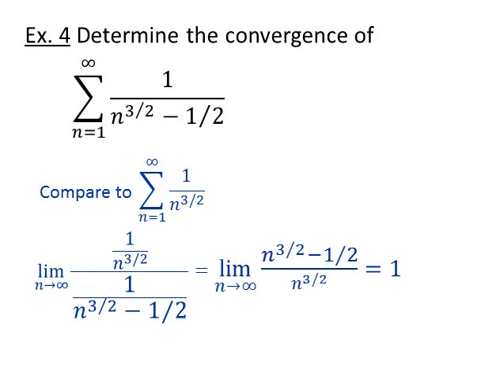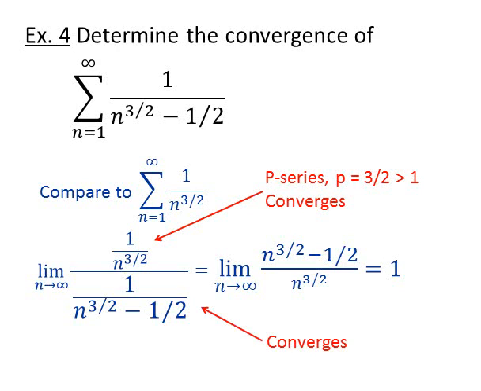This limit goes to 1. Since the limit is finite and positive, either both series converge or both series diverge. 1 over n to the 3 halves is a p-series with p greater than 1, so both series converge.